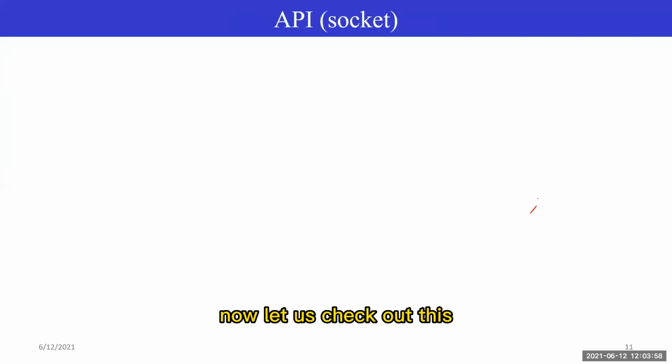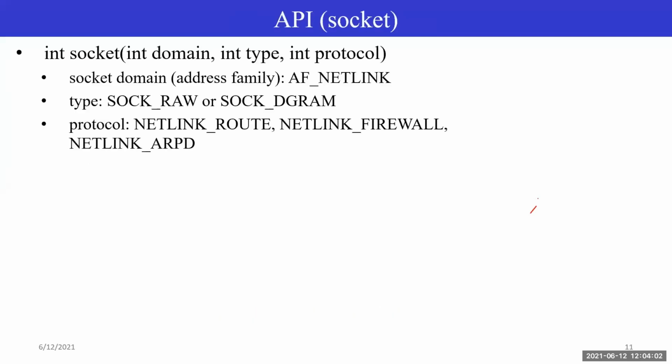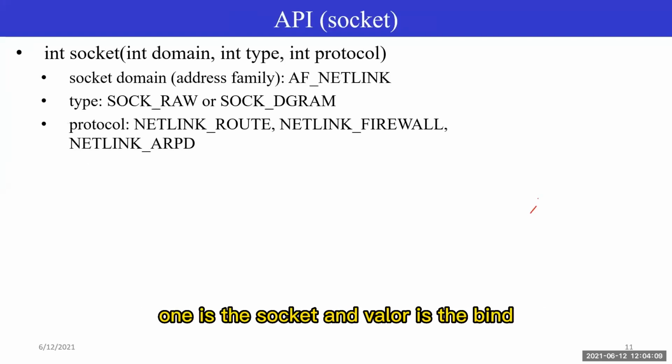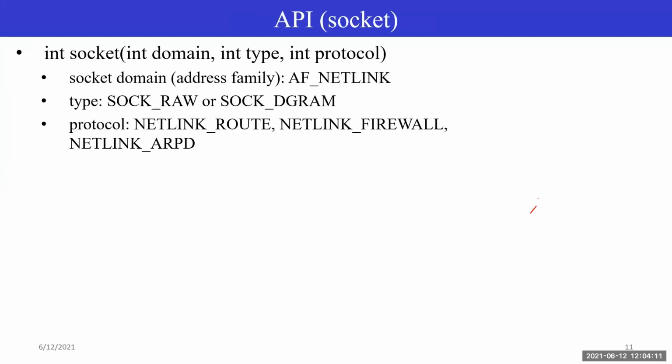So now let us check how this Netlink socket API is used. We will talk about two APIs only today. One is socket and the other is bind. Then in our next class, we will go through the other APIs also.